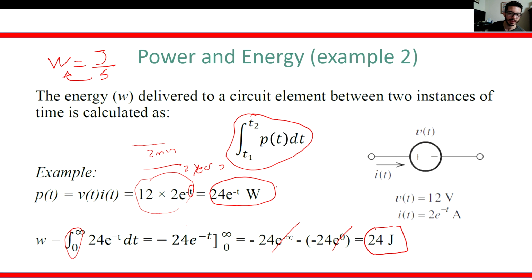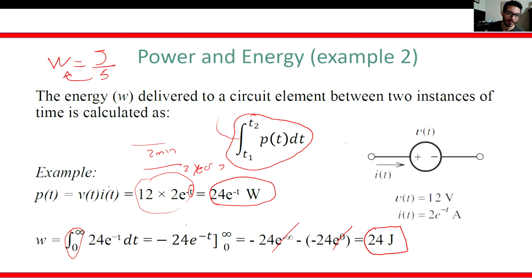This is one example that I wanted to show you one time, and hopefully one time only, because we're not going to have a lot of integrals. Actually, I don't think we'll have any integrals, because my goal is to have the circuits, examples and problems more in terms of actual hardware, such as resistors, capacitors, inductors, etc. But I wanted you to know that if you decide to go for engineering or for physics, you'll have to see these things again because the power is indeed a function of time.